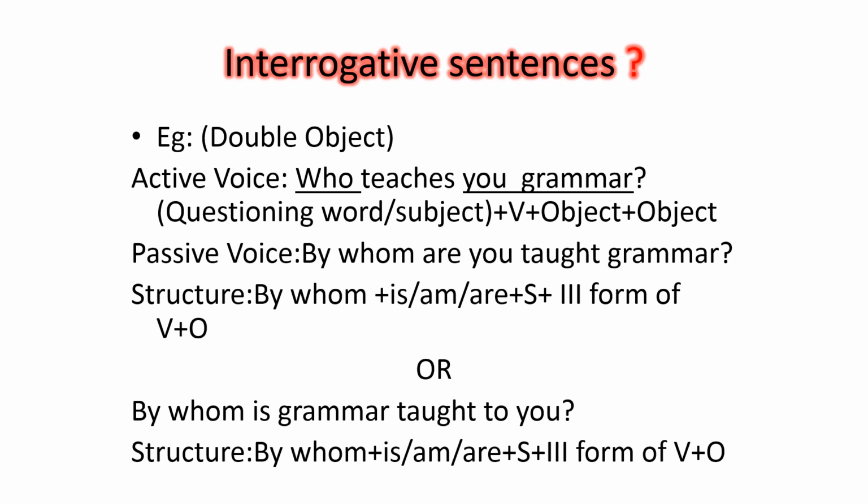And what will be the structure? By whom plus is, am or are plus subject plus third form of verb plus object. If by chance we are taking grammar as the subject, then the sentence will change into passive as: by whom is grammar taught to you?